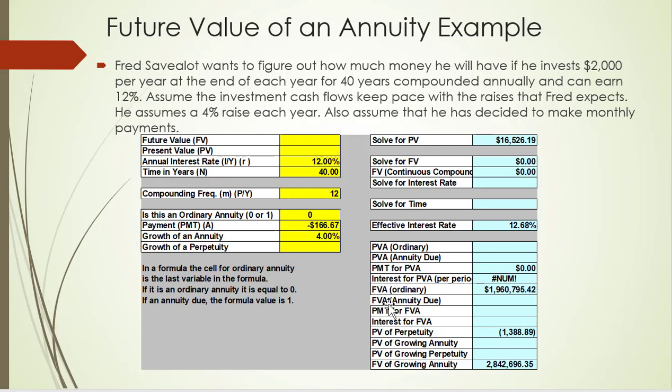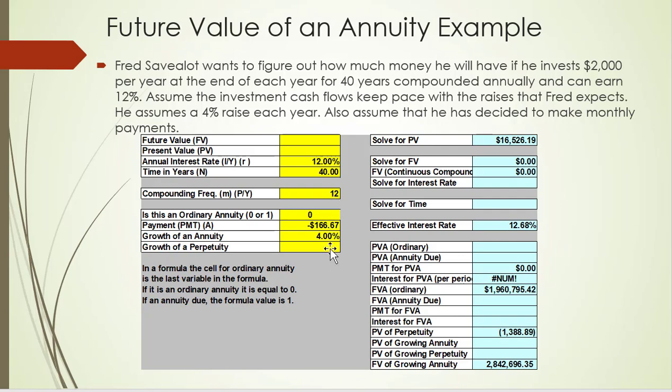As you remember, we said the ordinary annuity without any growth is 1.9 million. If this cash flow grows 4% annually, of course, we would do that on a monthly basis, the future value of that growing annuity would be 2.8 million.